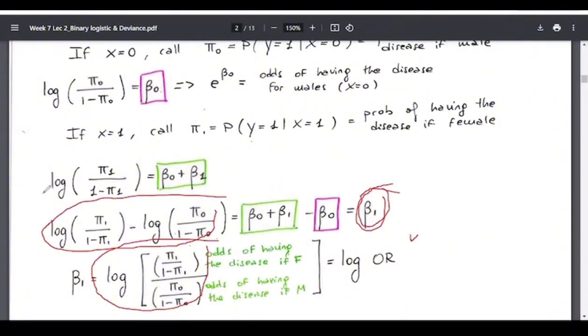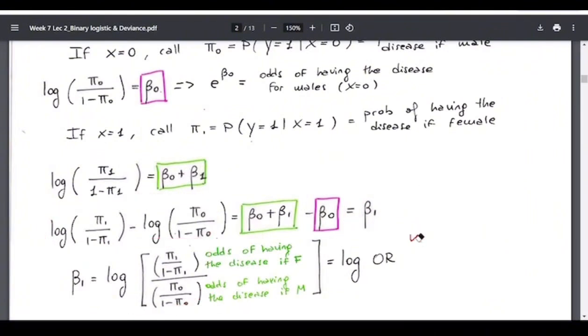And let me tell you this. Please pay attention. Now, we've derived that all of that is going to be equal to beta 1. Beta 1 equals the log of the odds ratio: pi 1 over 1 minus pi 1 is the odds of having the disease if female, and pi naught over 1 minus pi naught is the odds of having the disease if male.